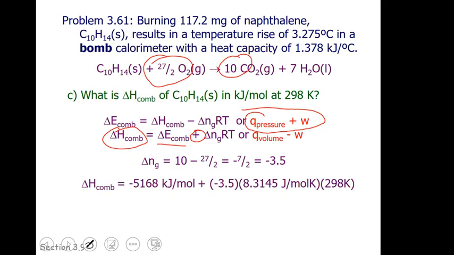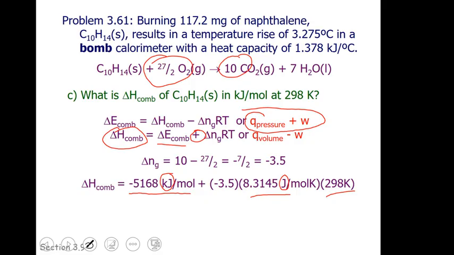So that means I can take my answer from part B, which is the energy of combustion, and add Δn_g RT. So I will add a minus 3.5. R is, of course, this value, and we are solving this for 298 K. Now, of course, be very careful with your units because my energy change is in kilojoules, my work will be in joules.